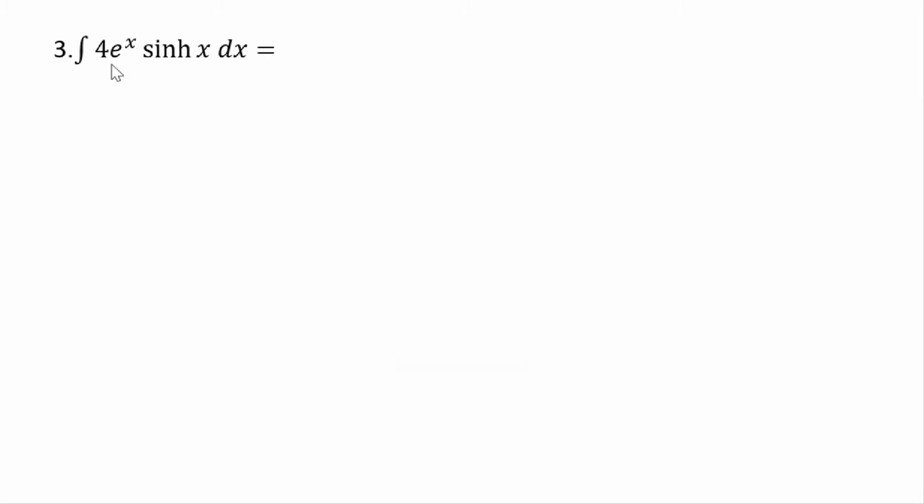Since I have e raised to x here as part of the given, I'm going to rewrite hyperbolic sine of x in terms of the exponential function. So I can write this as the integral of 4 e raised to x times the definition of hyperbolic sine of x in terms of exponentials.